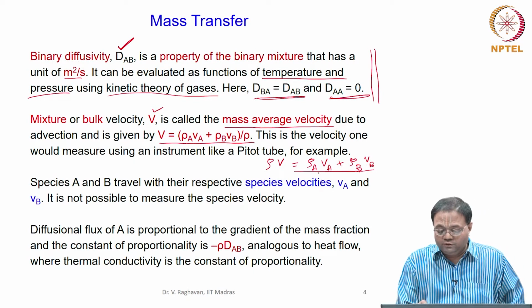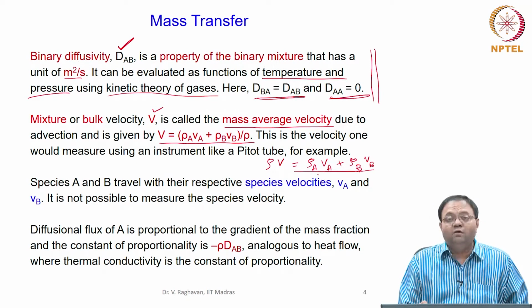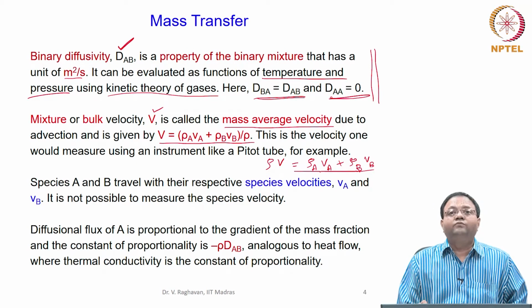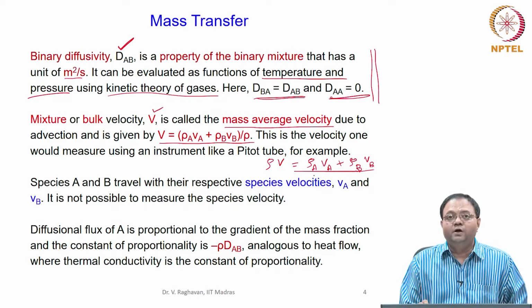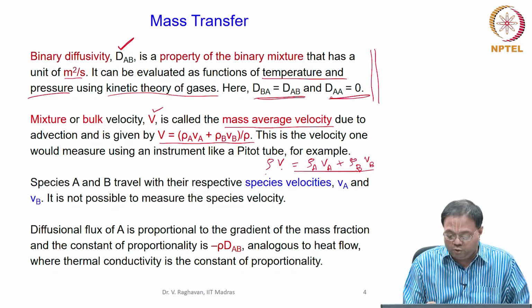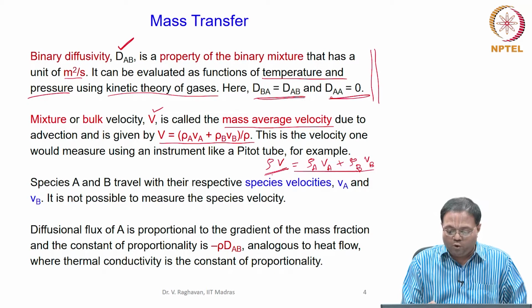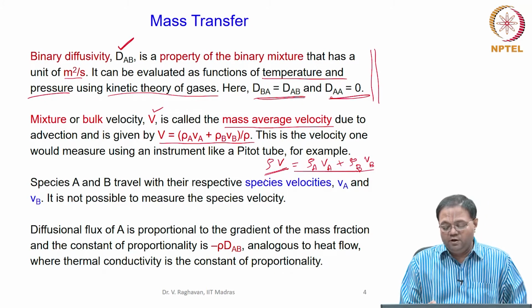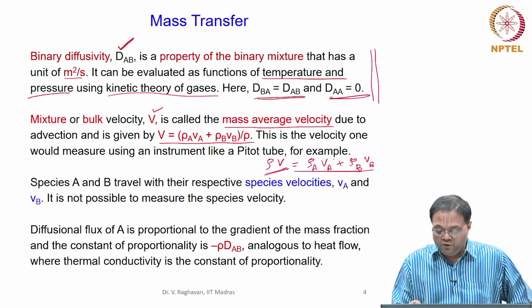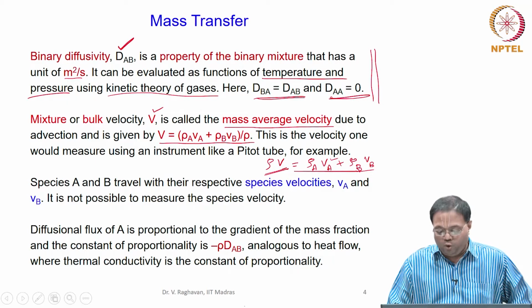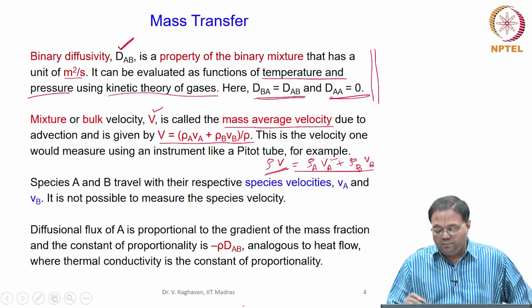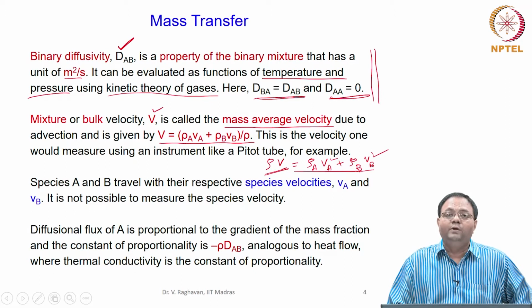This is the total mass flux of the mixture, from mass conservation. The total mass flux of the mixture, rho into capital V, where rho is the mixture density, will be equal to the mass flux of species A, rho A Va, plus the mass flux of species B, rho B into Vb.